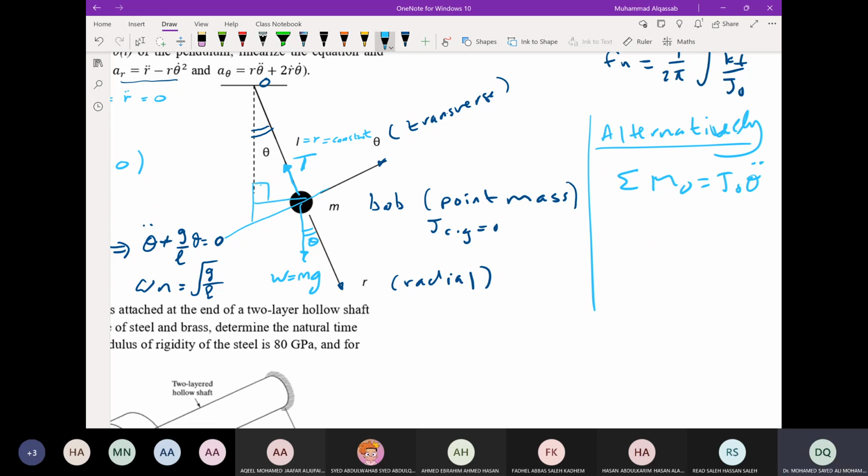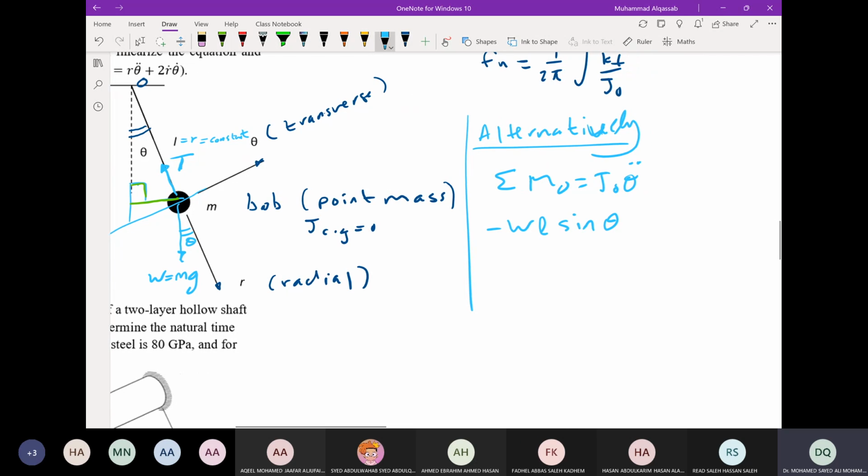This is the perpendicular distance, which is L sine theta. So the moment of W is minus, because it is clockwise and theta is counterclockwise. So it is minus W times L sine theta, where L sine theta is the perpendicular distance, the opposite side to theta, equal to JO theta double dot.